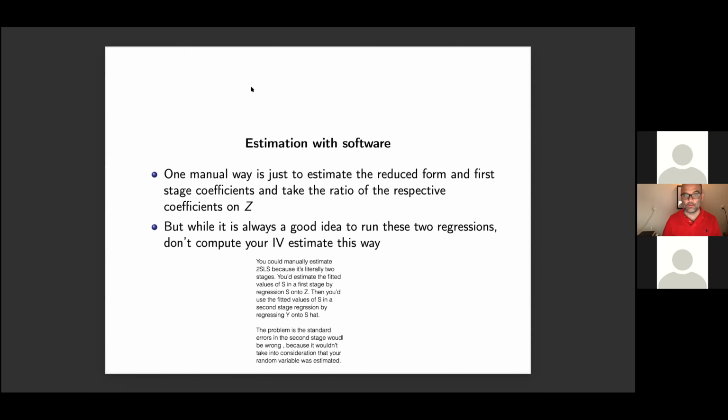So you can do it manually, and it can be useful to do it manually. But when you are presenting your main results, it should be estimated using a two-stage least squares software package. In Stata, it's got many names: ivreg2, ivregress, ivreghdfe. There's several.